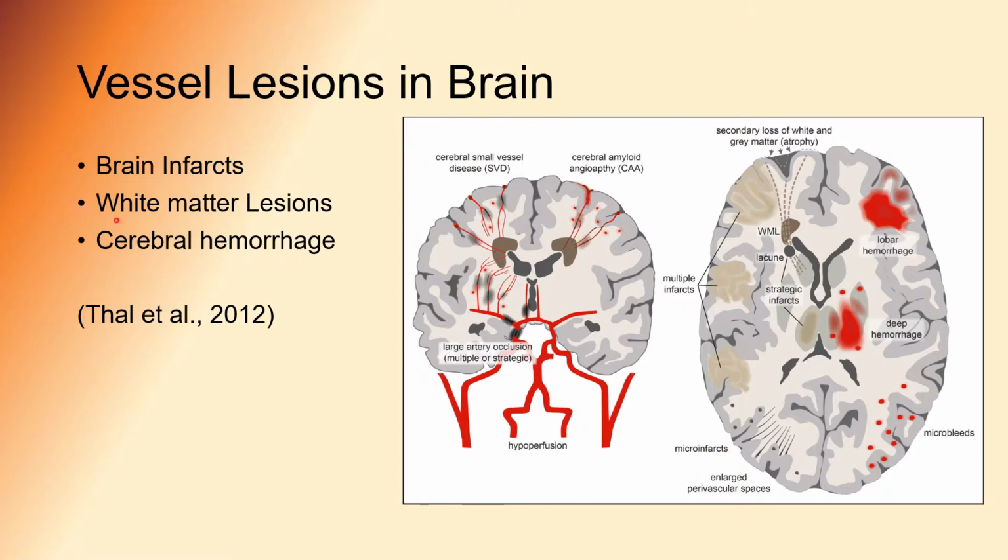The second type, white matter lesions. Here, the white matter has lesion. Here they have atrophy, and these red areas are hemorrhage.